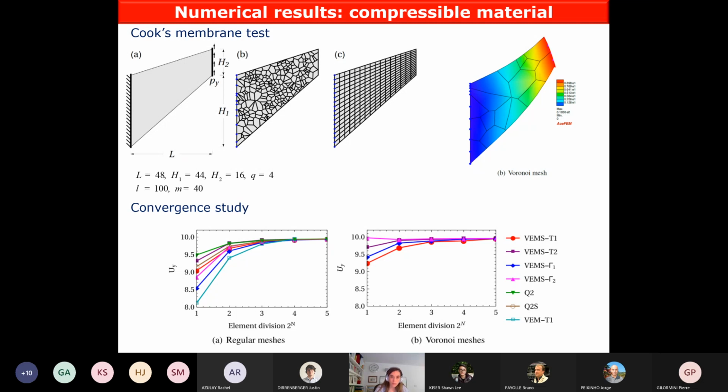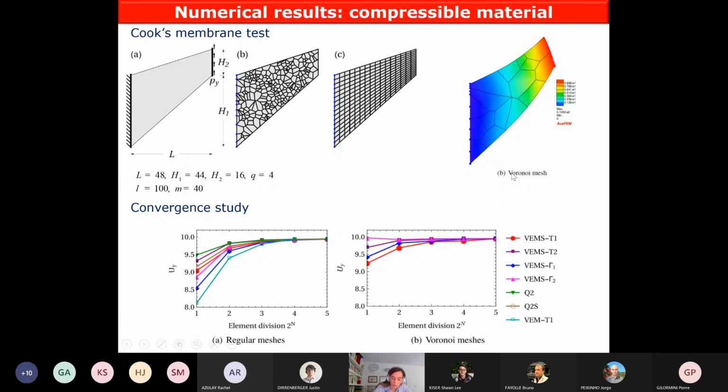We want to test the performances. We assume a neo-Hookean constitutive model for this specimen. We want to test the performances of both Voronoi meshes and regular meshes for this example. Here there is a deformed shape using a quite coarse Voronoi mesh.